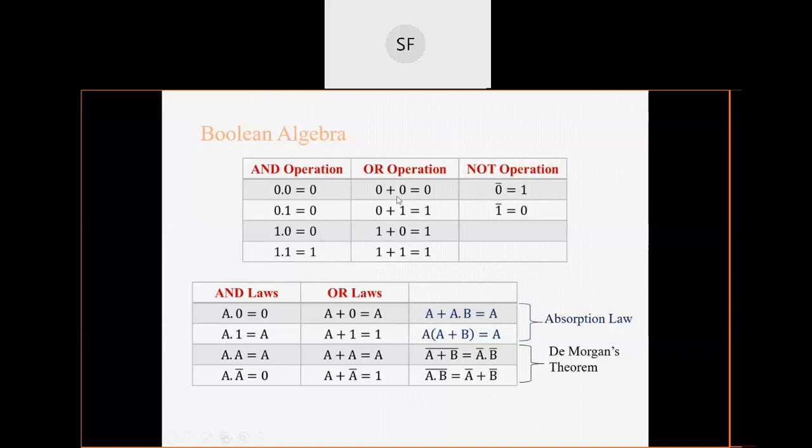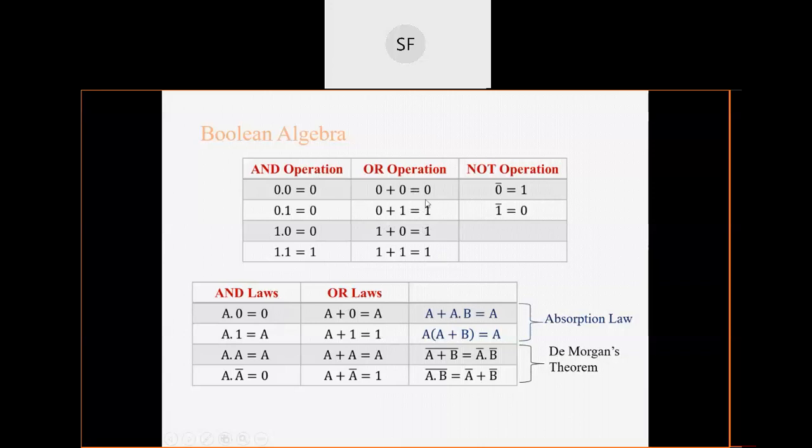So depending on this, these are some basic operations of Boolean algebra, and these are some laws. Right now we have just discussed this table, which is nothing but the AND operation and OR operation.